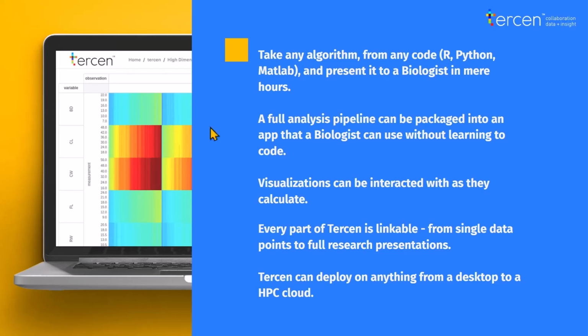We can package full pipelines, and you've seen a few of them already, and they can be shared and cloned. I hope you've also seen the interactive visualization, where I could manipulate in quite innovative ways and project anything I would like from the data. And I've shown you some of the README, where you can see how Tercen is very linkable, and every view you have seen has a URL that can be shared.